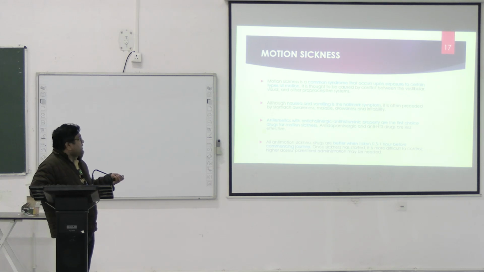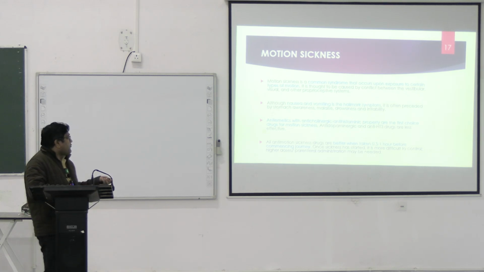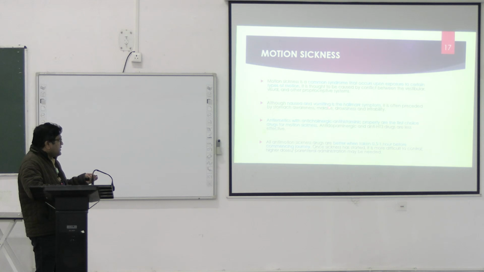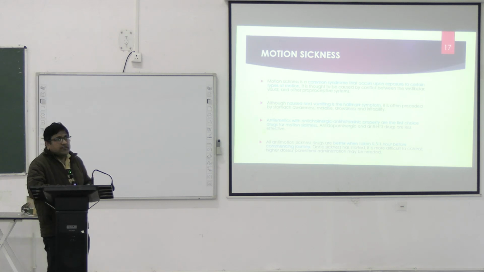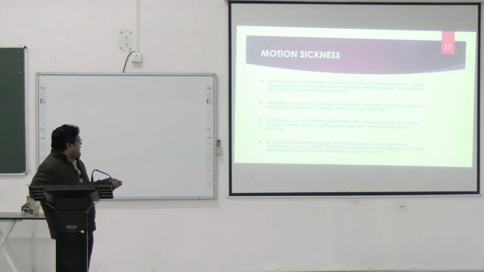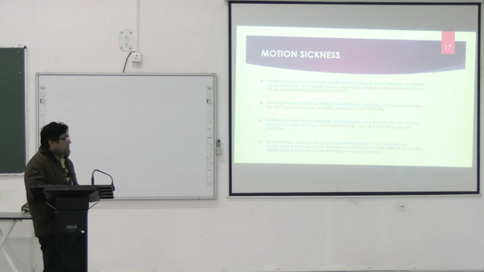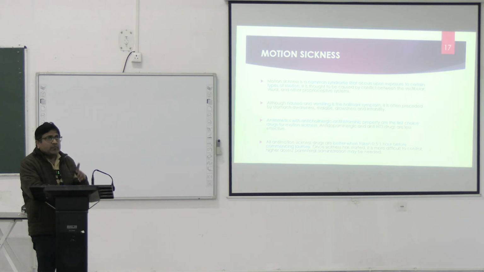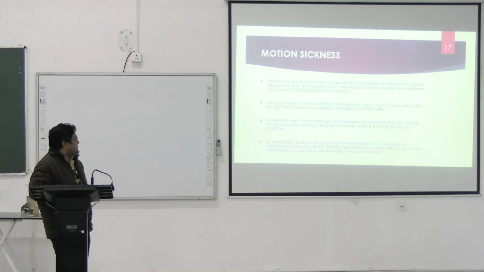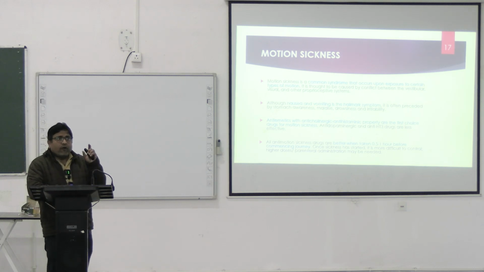Although nausea and vomiting are the hallmark, it is often preceded by stomach awareness, malaise, drowsiness and irritability. Anti-emetics with anticholinergic and antihistaminic properties are the first choice drugs in motion sickness. Anti-dopaminergic and anti-serotonin drugs are less effective. The drug should be given half an hour to 1 hour before the start of the journey.